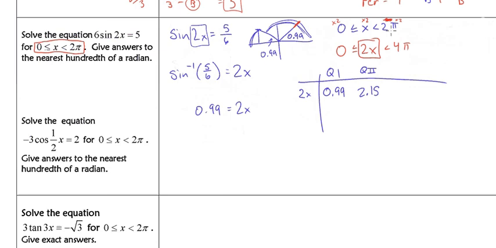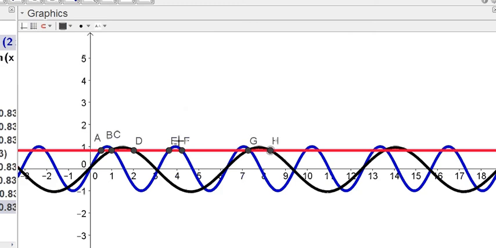Now, remember we had to double our domain to find the other times where e and f would happen. We have to double the domain of the sine function so that we can get these g and h values and then cut them in half.